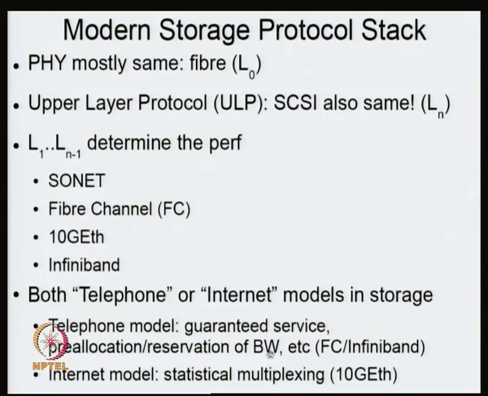Now in storage, it turns out that these things are quite important, guaranteed service and if possible bandwidth, etc. Because if you are trying to do, for example, backup and those kinds of things, they are heavy duty and you cannot really depend on statistical multiplexing to bail you out all the time. So it's very important for you to do this. That's why for a long time Fibre Channel and those kinds of protocols have been reasonably predominant.